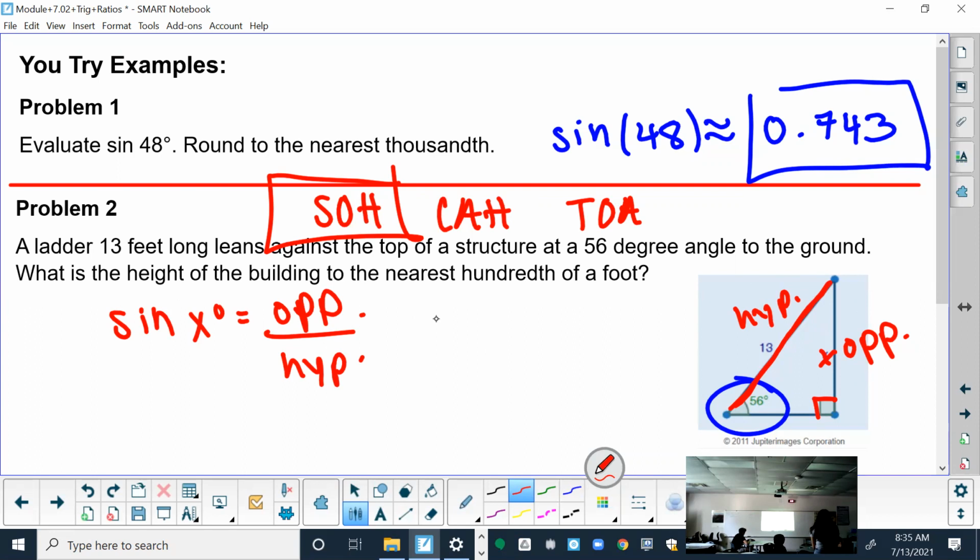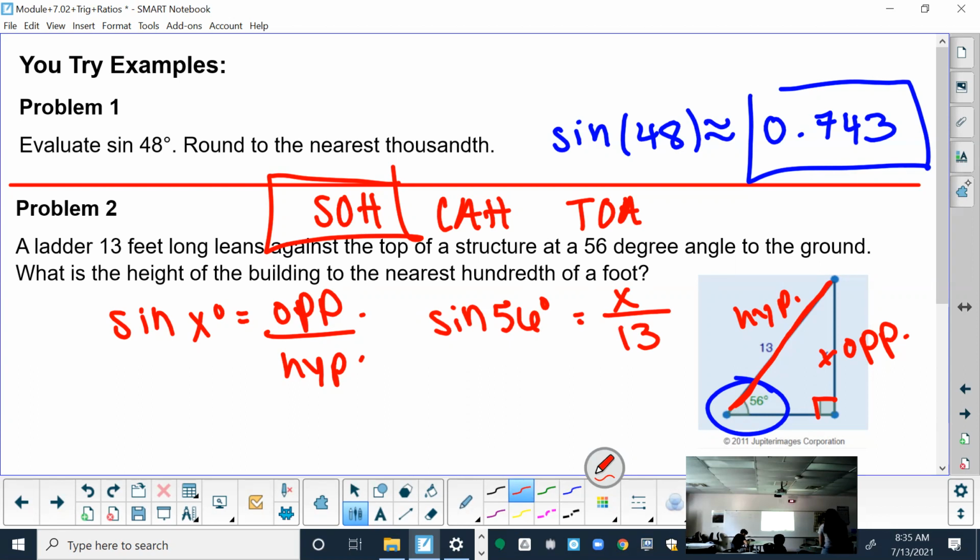Plug in the values that you are given. So we have sine of 56 degrees equals opposite, which is x, over hypotenuse, which is 13. That's how you should have set it up. Questions about that part?